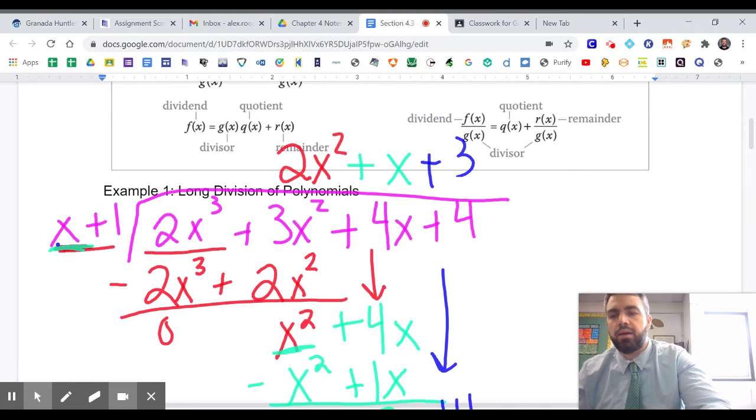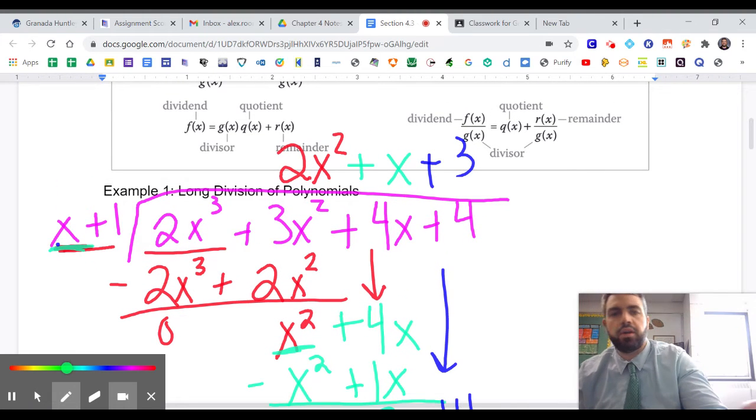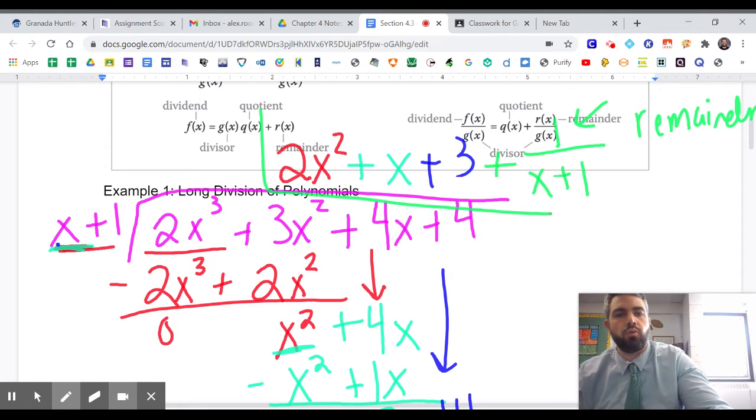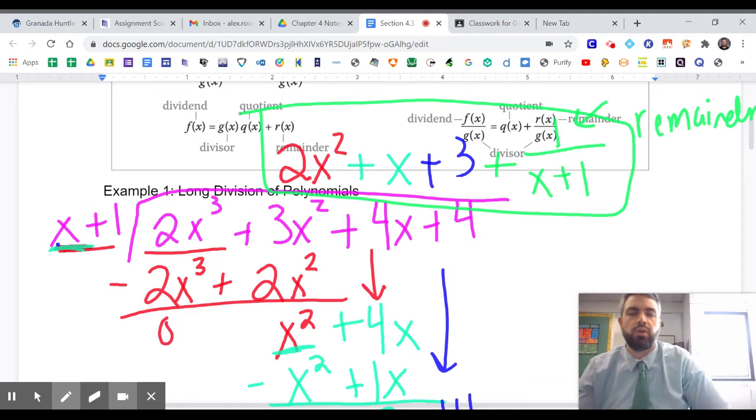So I come back up here, and this is where the remainder part is important. I'm going to do plus 1 over x plus 1, because 1 is my remainder. That's what I had left over. So my correct answer would be this: 2x squared plus x plus 3 plus 1 over x plus 1.